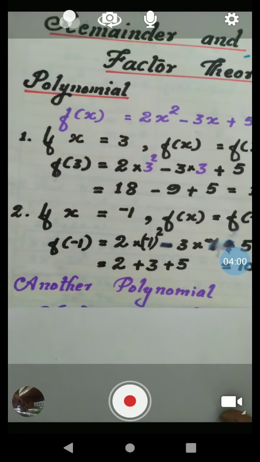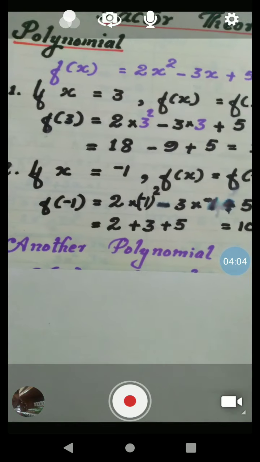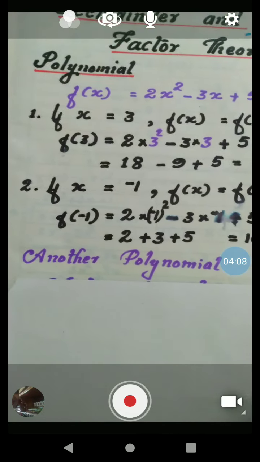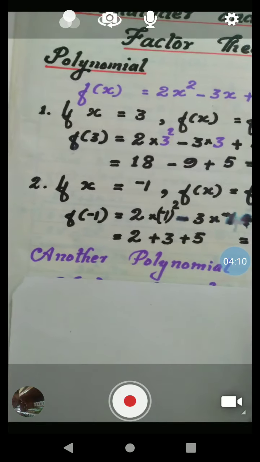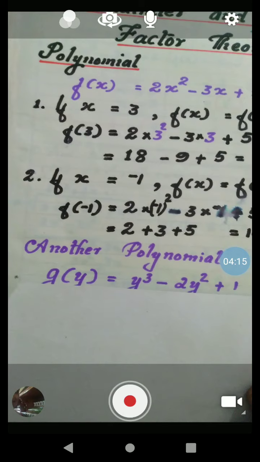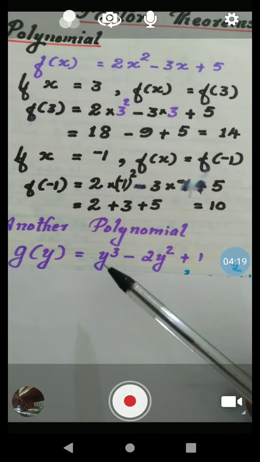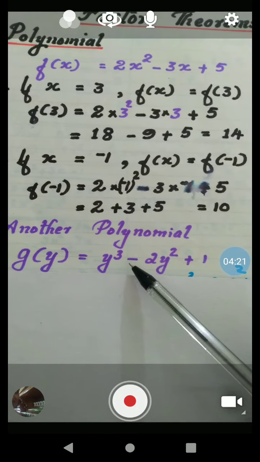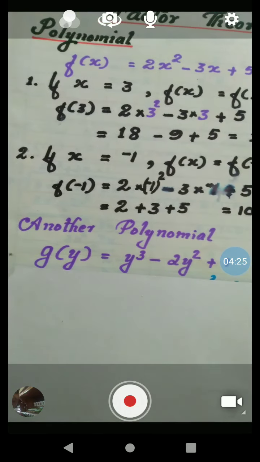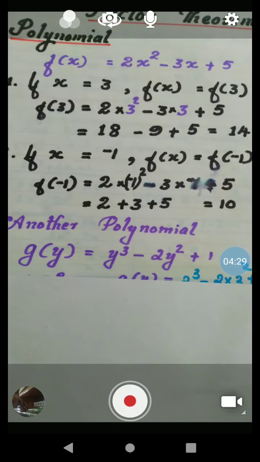Now we can consider another polynomial, a polynomial in y. Let it be g of y, another name. Consider the polynomial y cube minus 2y square plus 1. Now we can see what happens when the value of y changes.